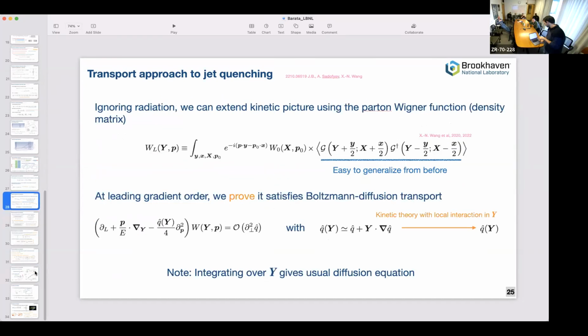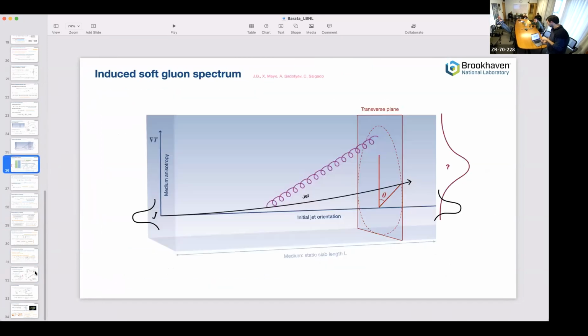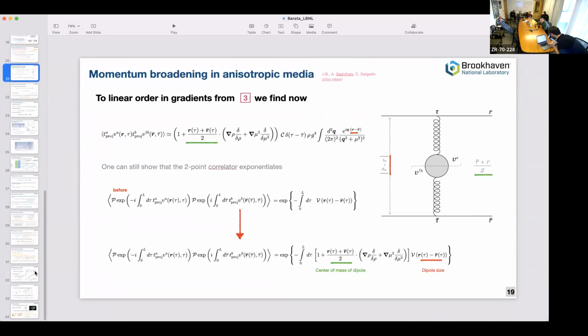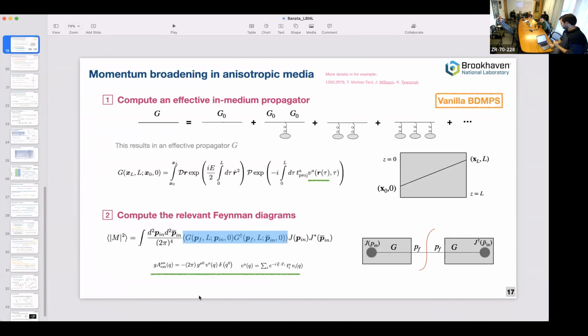So let me maybe explain. Let me just find the correct equation. The point is that when you write this term, you are taking into account some sub-eikonal terms, not all of them, but some. Because, as I said, when we perform the expansion in gradients, it doesn't commute with this thing.